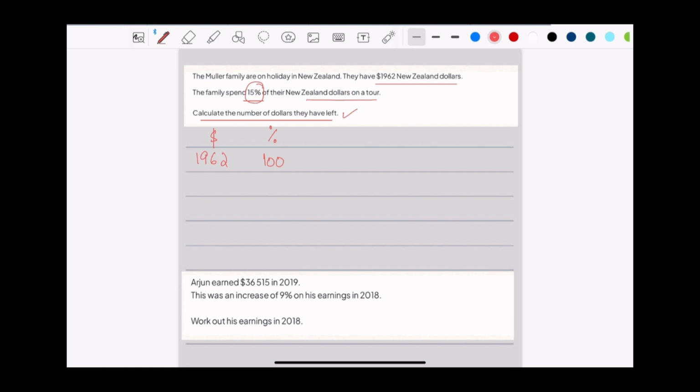So in terms of percentages, if you subtract 15%, which is being spent, from 100, there's going to be 85% left. So you are to find what the weightage of that 85% is in dollars. So you write that down. 100x is going to be 1962 times 85.